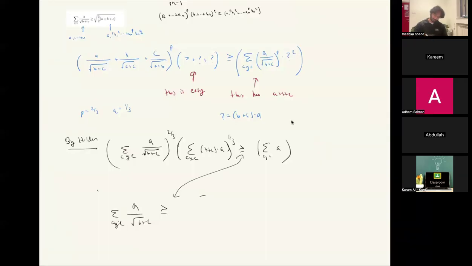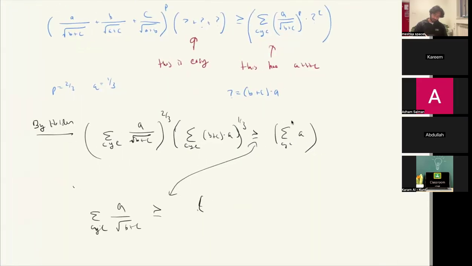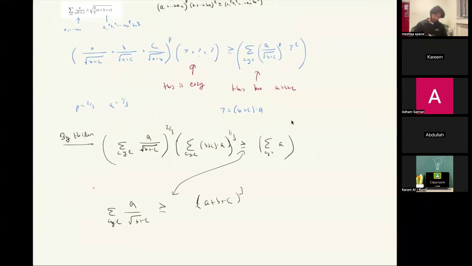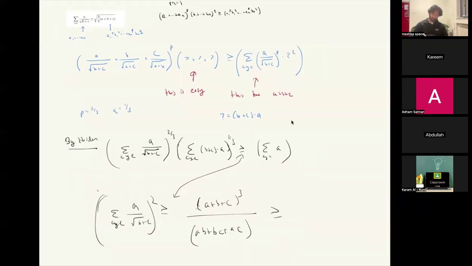This one becomes, let's start, A plus B plus C cubed. Let's put a square here. A plus B plus C cubed over, now I have AB plus BC plus AC, just to the power 1, right? And so now I want to show, so this one I don't know if it's true, but I want to show that this one is bigger than or equal to the squared right-hand side.